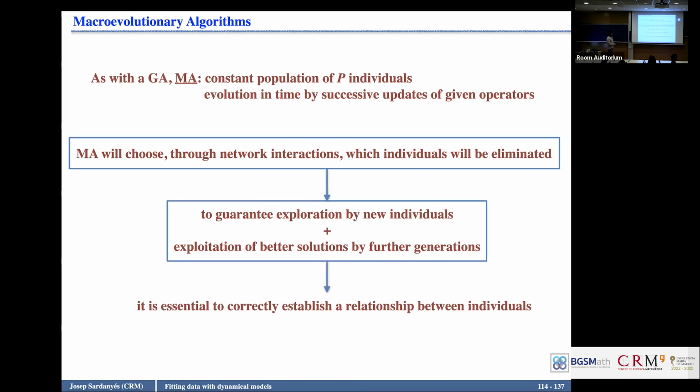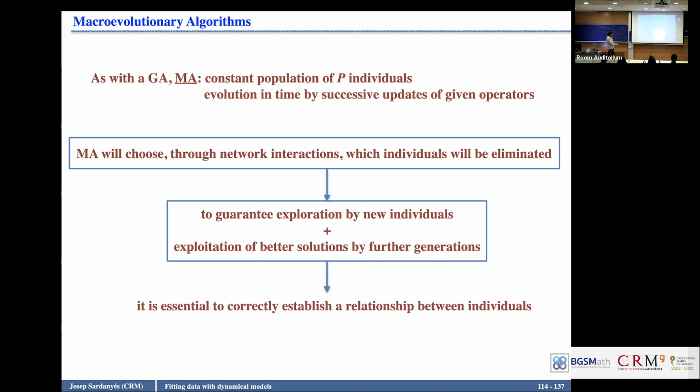So the idea, as I said, is that the macroevolutionary algorithm will choose through network interactions which individuals will be eliminated or not. This is to guarantee exploration by new individuals and exploitation for better solutions, because perhaps we have a close solution to this good one that is better.